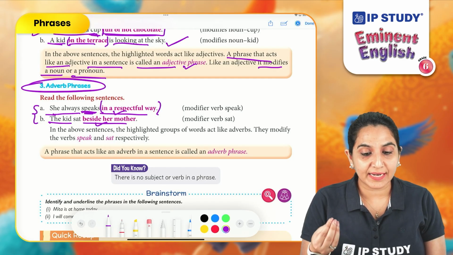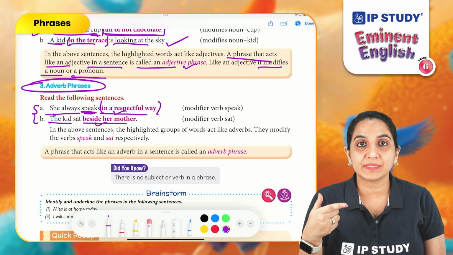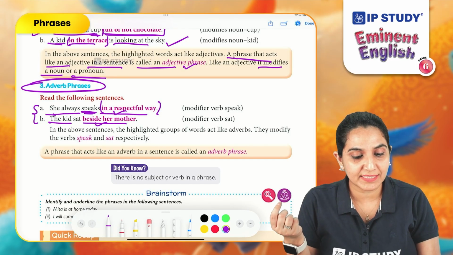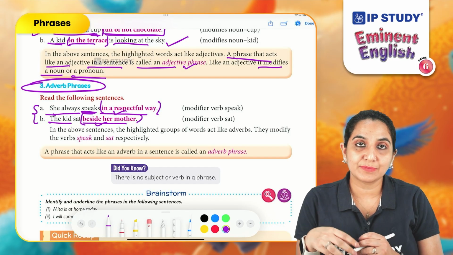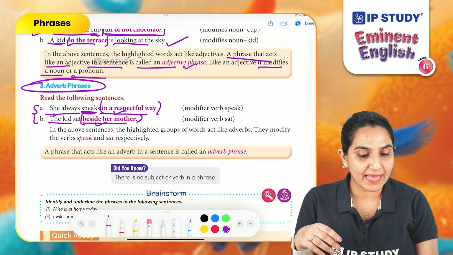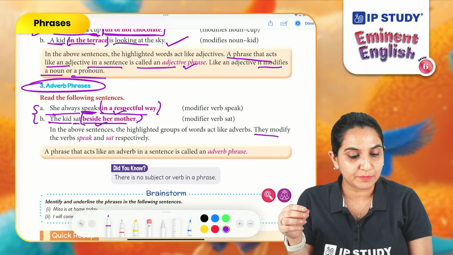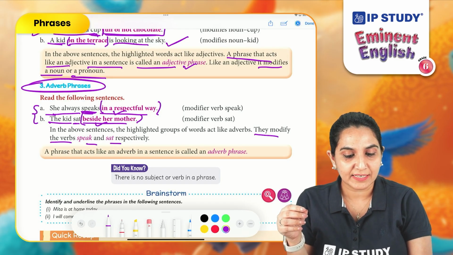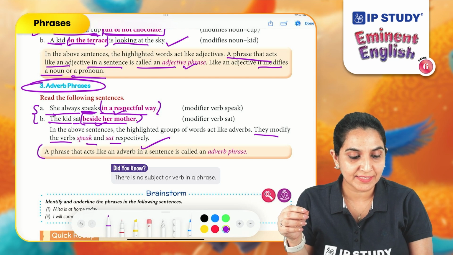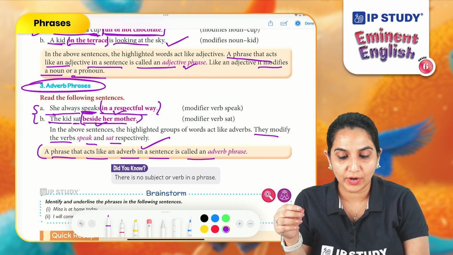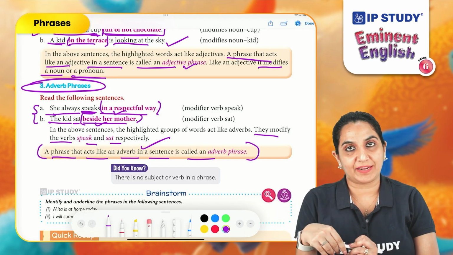The kid sat. Where did the kid sit? Beside her mother. So again, the phrase "beside her mother" is modifying the verb sat in the sentence. They modify the verbs speak and sat respectively. A phrase that acts like an adverb in a sentence is called an adverb phrase.